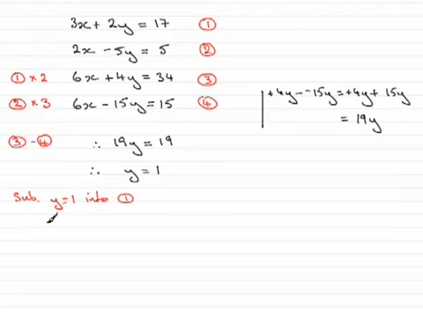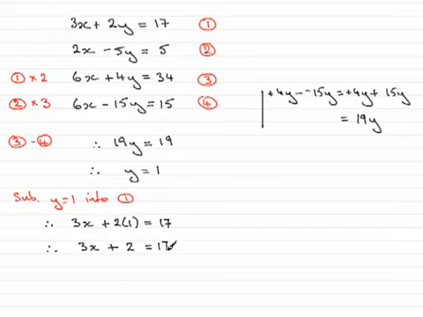So if we do that, what we have is 3x plus 2 times y, which is 1, and it equals 17. Tidying this up, we then have 3x plus 2 equals 17.